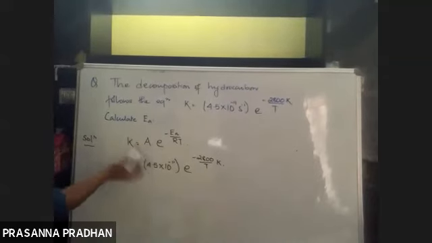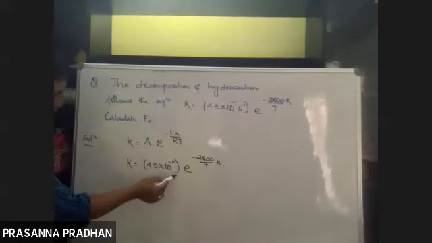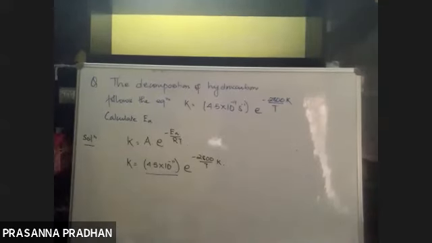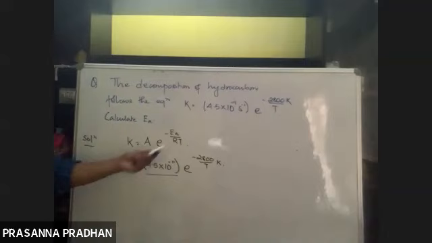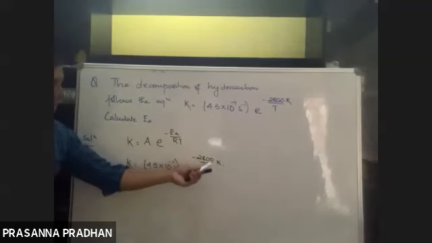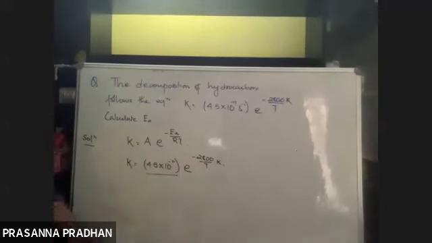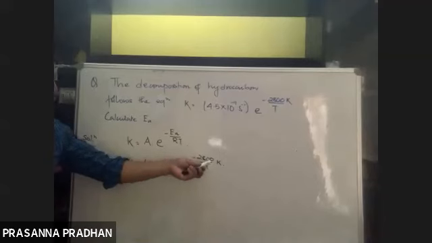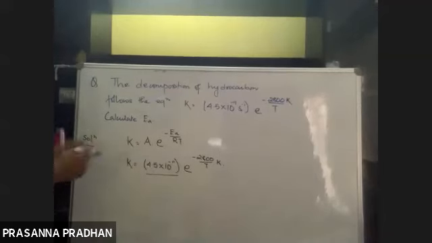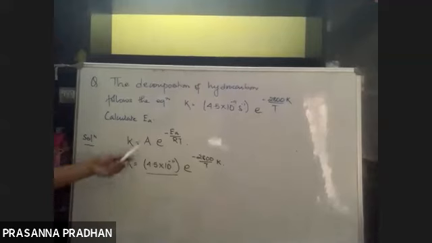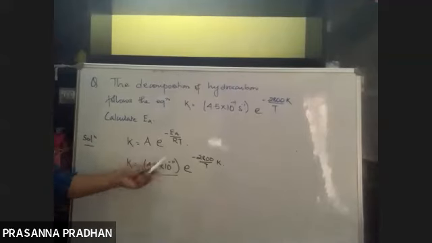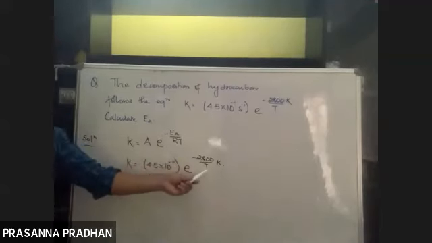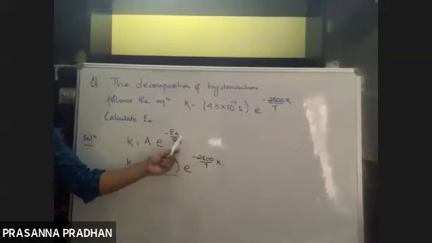We have K. So what is the value of A out here? The value of A is 4.5 into 10 to the power minus 11. Here we have 1 by T, and here also I have 1 by T. So this 2800 is equal to what?